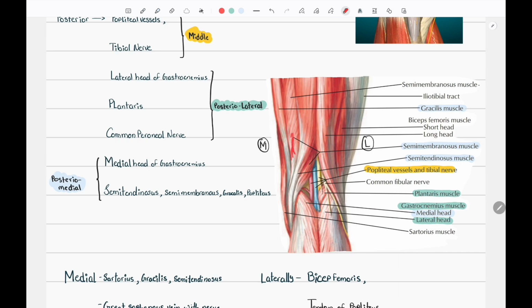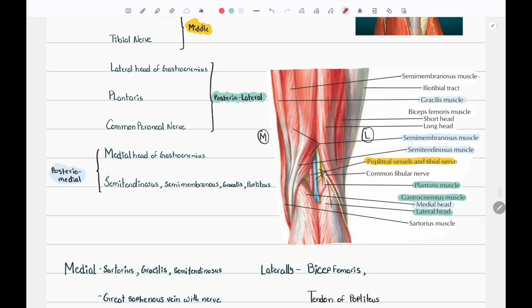The semimembranosus and the semitendinosus muscle and the medial head of gastrocnemius muscle. They are also posterior relations of the knee, but since they are medial from the central line, they come under the heading of posterior medial relations of the knee joint.